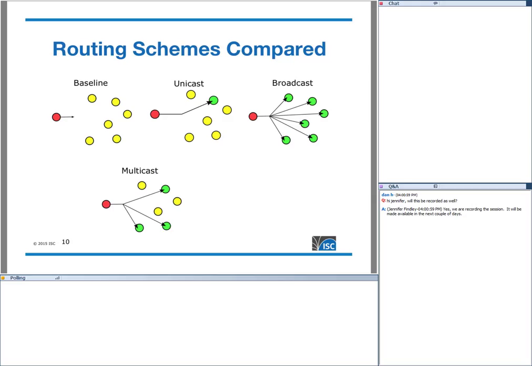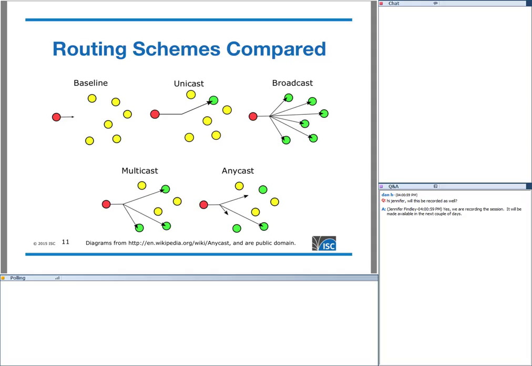This is where you have one sender and then you have multiple interested recipients. And these recipients will signal their intention to join the multicast group, and then a path is built from the sender to the receiver, bypassing potential recipients that are not interested in the traffic.